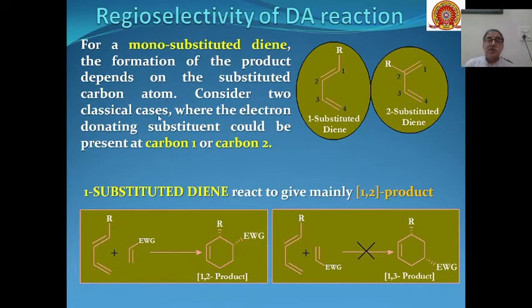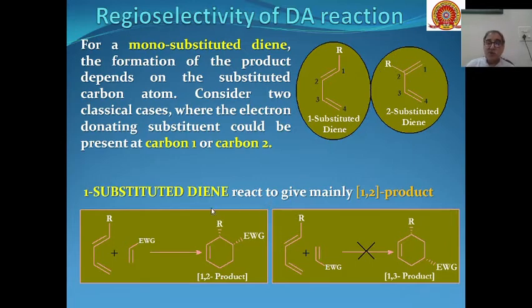Now, for a monosubstituted diene, the formation of the product depends on the substituted carbon atom. We can consider two classical cases. One is a 1-substituted diene and the other is a 2-substituted diene. So here the substitution is at carbon 1, here the substitution is at carbon 2.